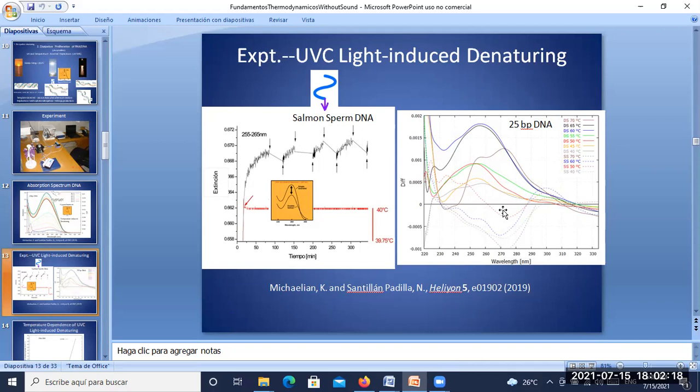In fact, thymine dimers do reduce the absorption at about 275 nanometers. So we're getting single strand, which is forming these dimers, and double strand, which is denaturing. And it's also forming dimers, but we don't see that because we get much more denaturing than we get the formation of dimers.